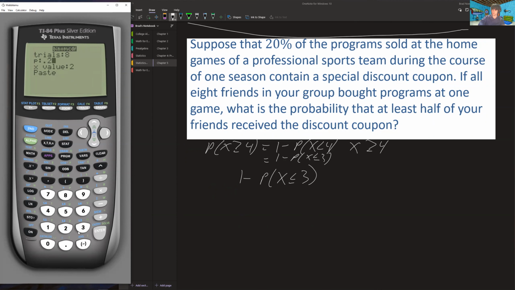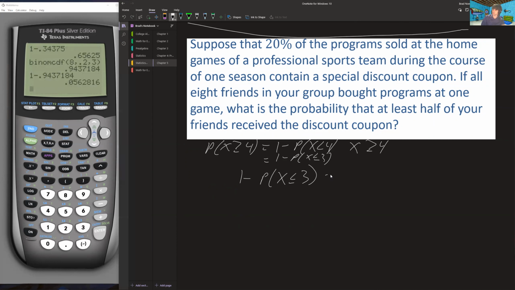Probability of success, 0.2. X value is 3 here. So 1 minus this, and I get 0.0563 is my probability. And there we go.